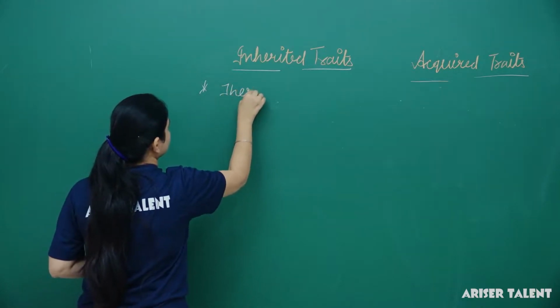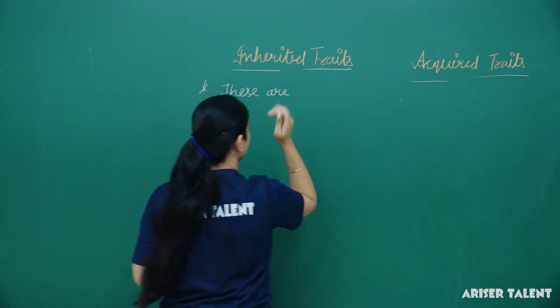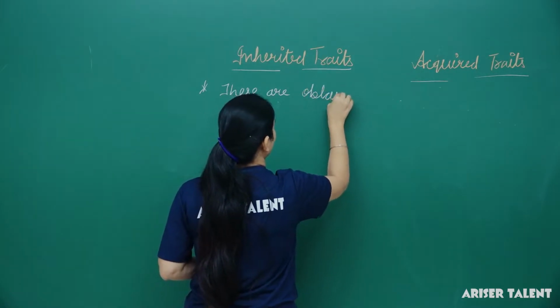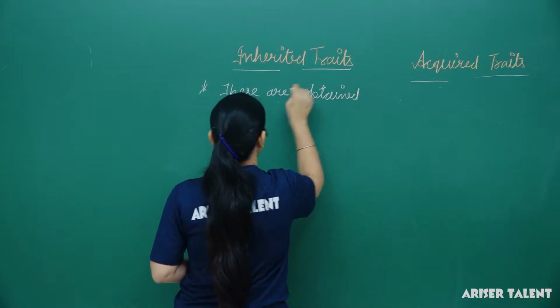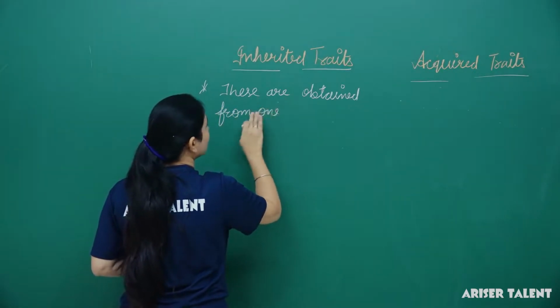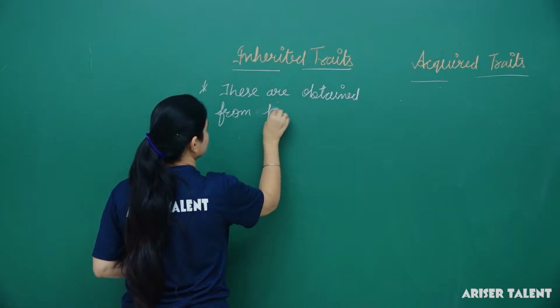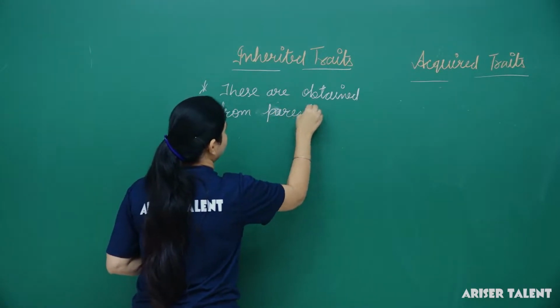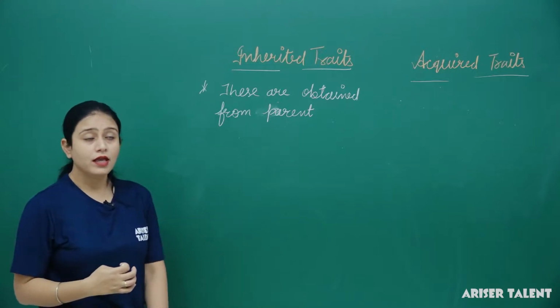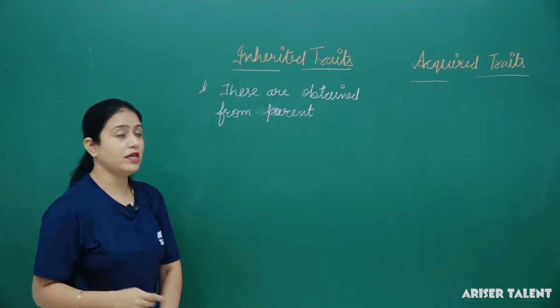Now, let me define. Inherited traits are obtained from one parent or from the parent. Means these are transferred or passed from one generation to another. So, these are obtained from the parent.